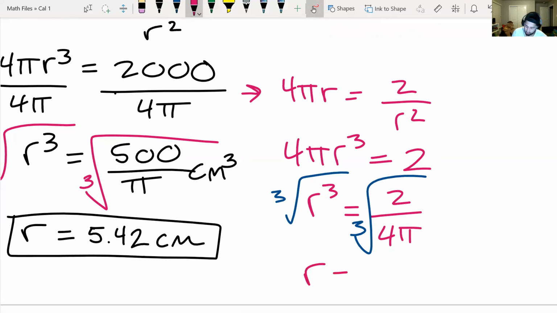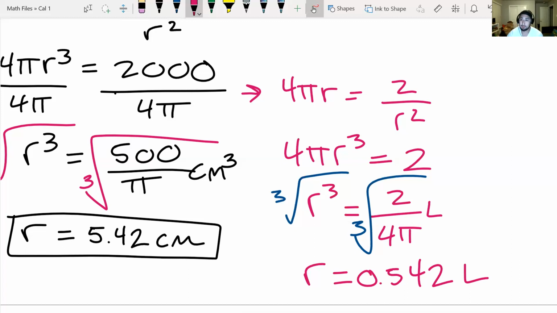And remember, since you did not convert, this is still in liters. So the cube root of 2 over 4 pi gives you 0.542 liters.